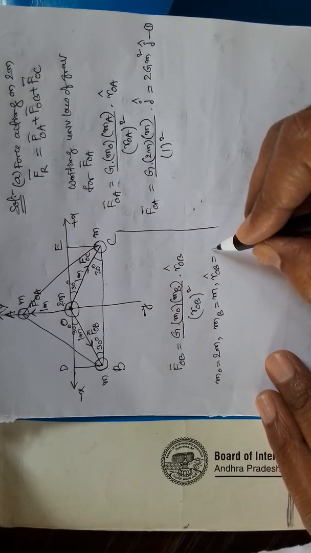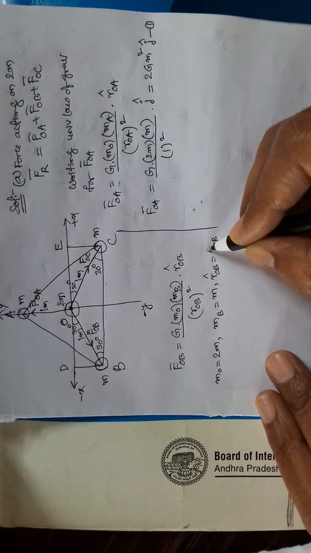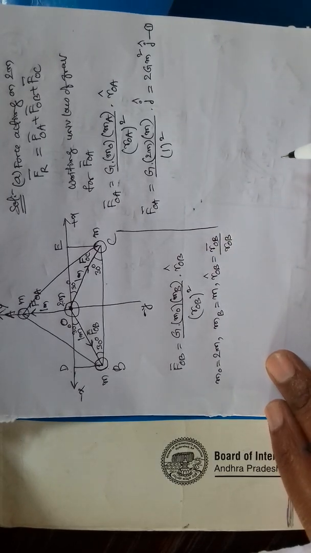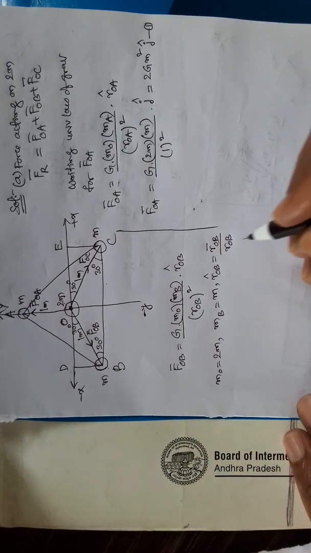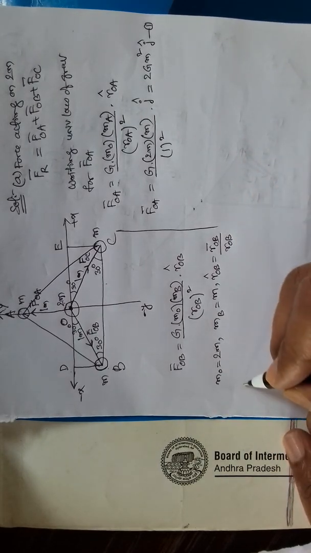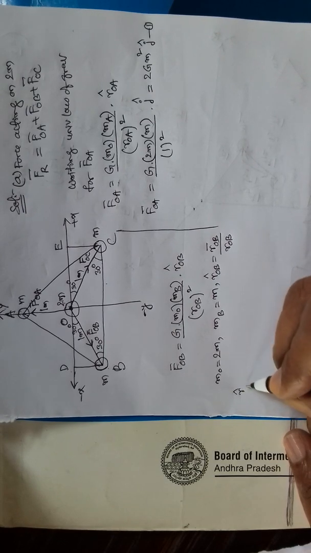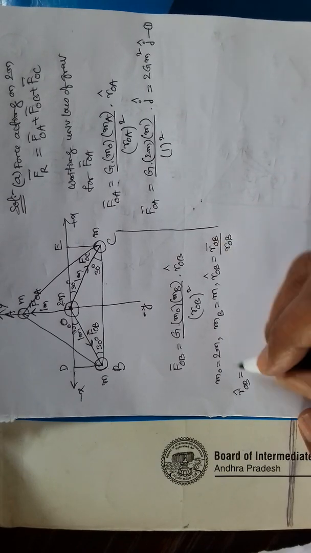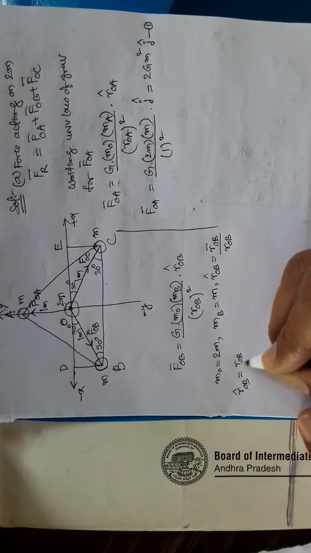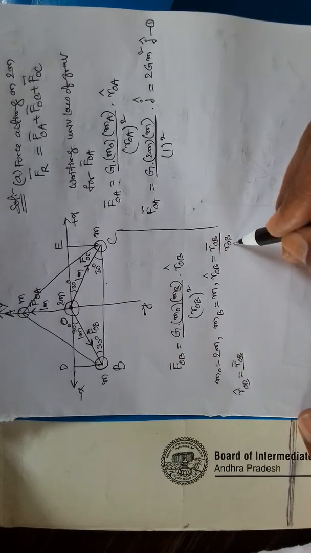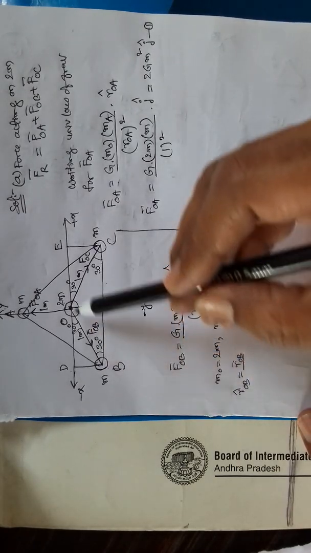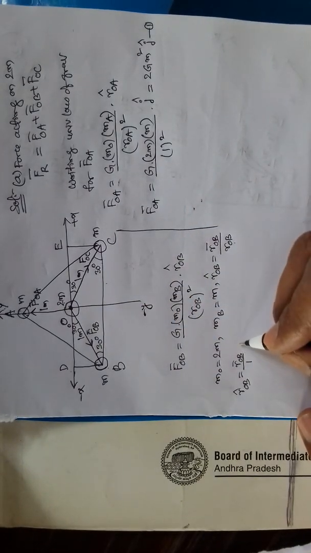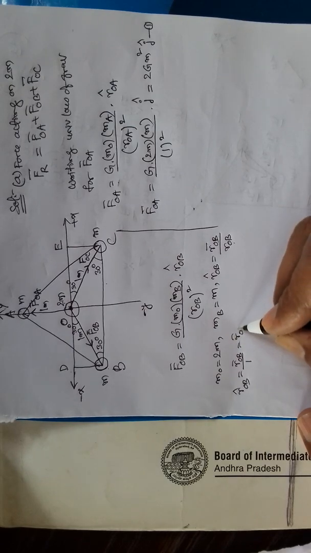How do we get a unit vector? By dividing a vector by its magnitude, we get the unit vector. But here ROB unit vector is equal to ROB divided by its magnitude. Say ROB, this vector's magnitude is 1 meter. 1 meter. That is equal to ROB.